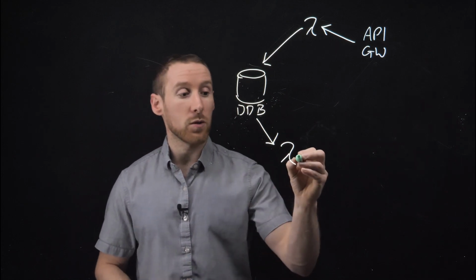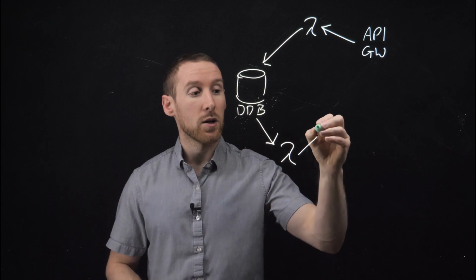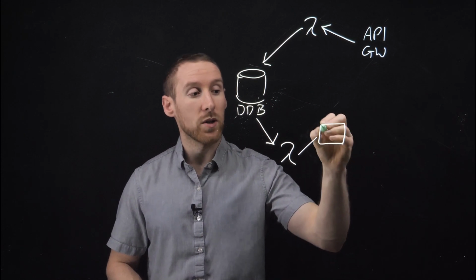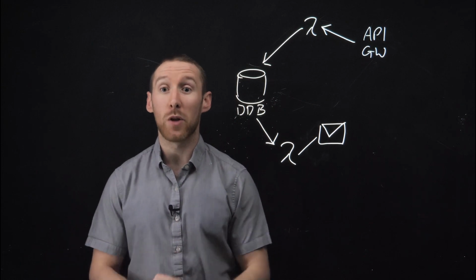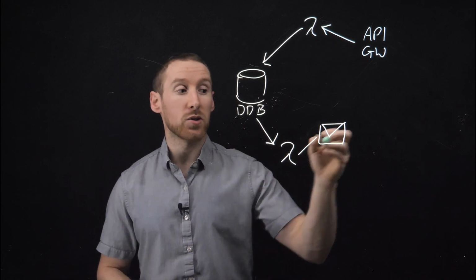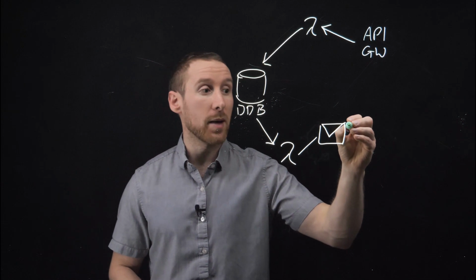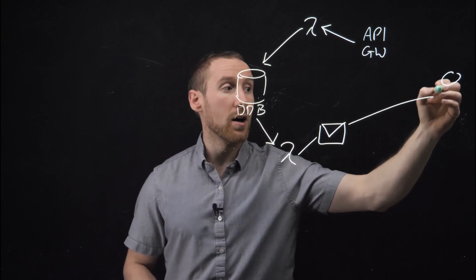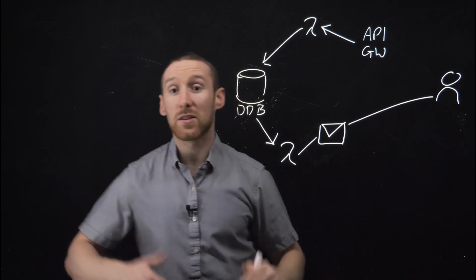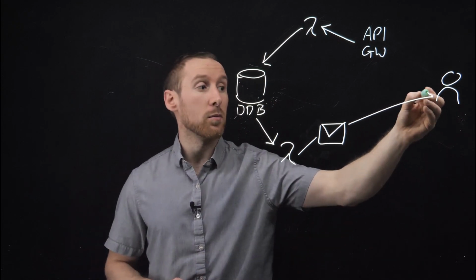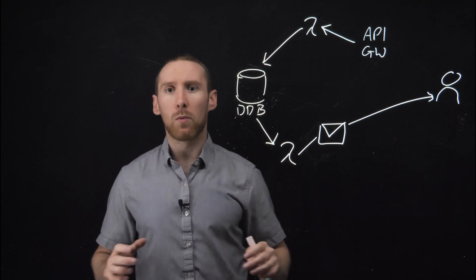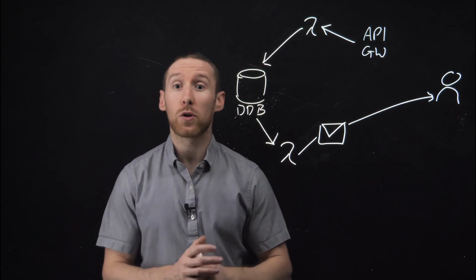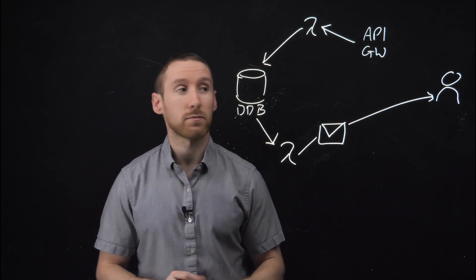From here, we can either use SES, which is the Simple Email Service, or SNS, Simple Notification Service, to send a text or an email back to our user, and that is the reminder that they'll be getting.